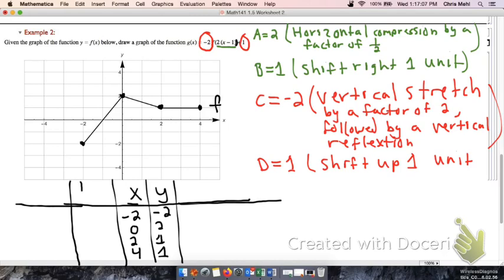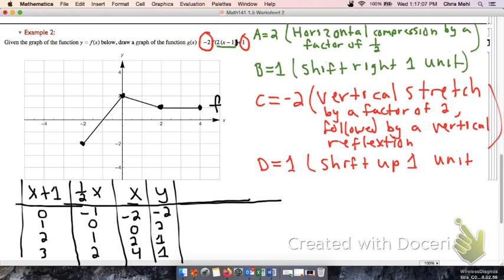So I'm going to multiply x coordinates by a half to get -1, 0, 1, and 2. And then remember, it was x minus 1 inside the innermost parentheses. That means b is 1, and there's a shift right 1 unit. So now your job is to take your previous x coordinates and add 1 to get 0, 1, 2, and 3.